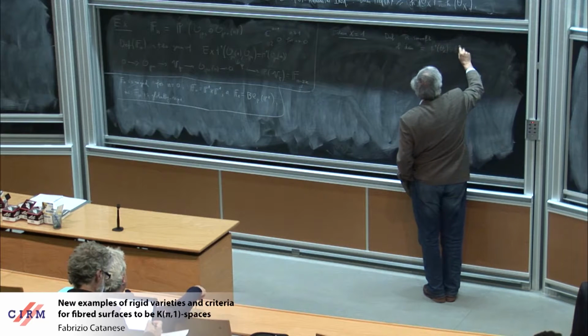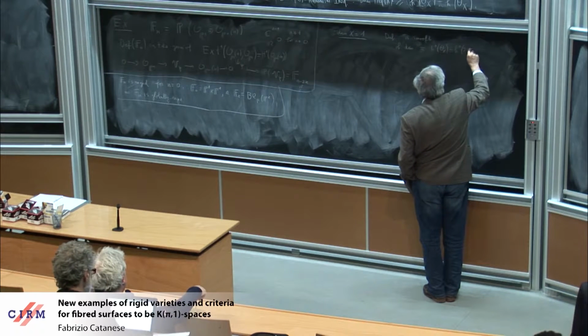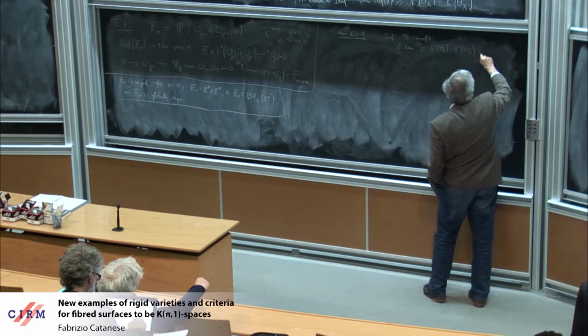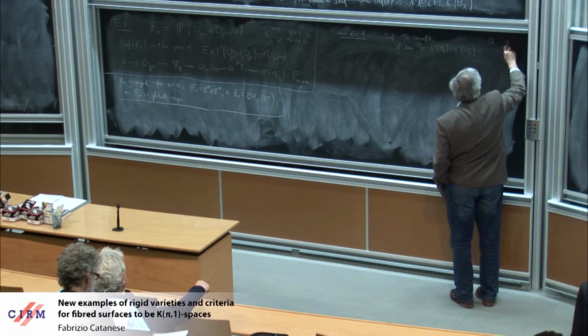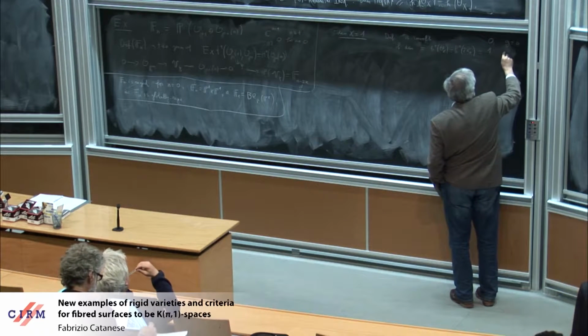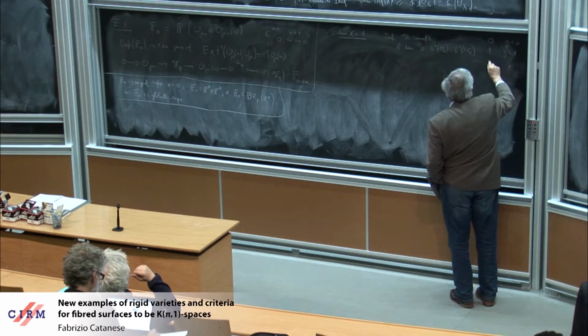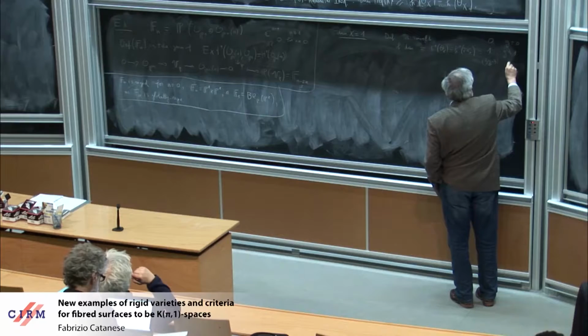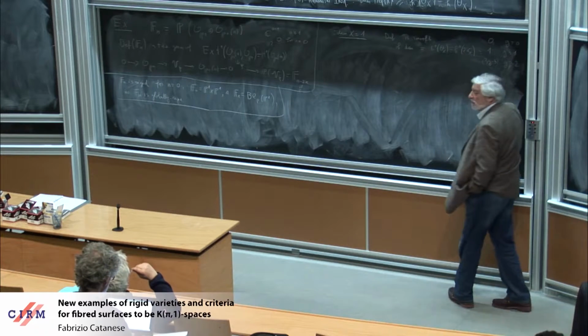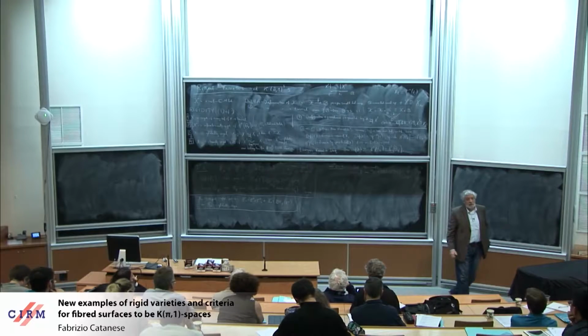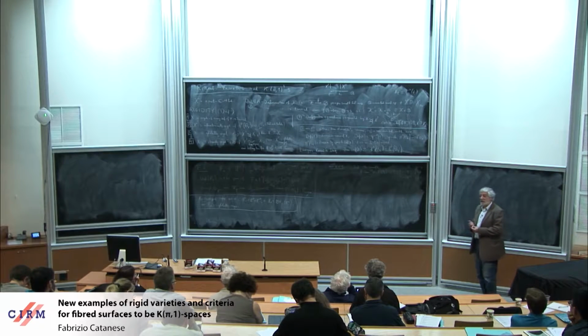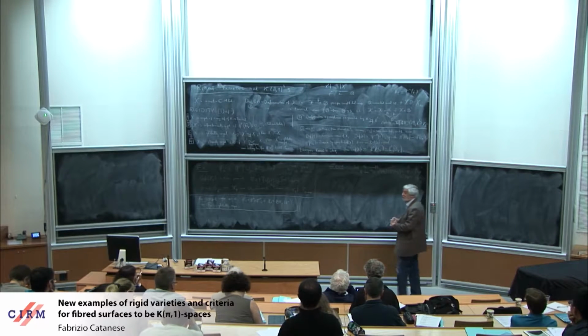This is H0 of 2K_X, and so this dimension is 0 for g equals 0, 1 for g equals 1, and 3g minus 3 if g is at least 2. So in dimension 1, it's well known that the only rigid curve is P1.